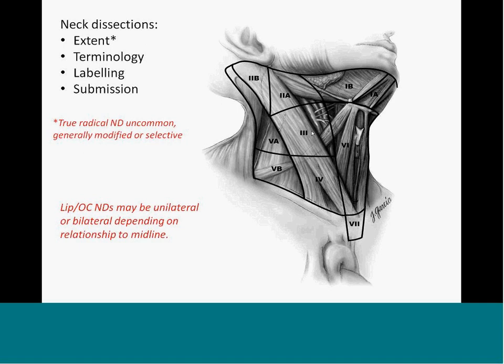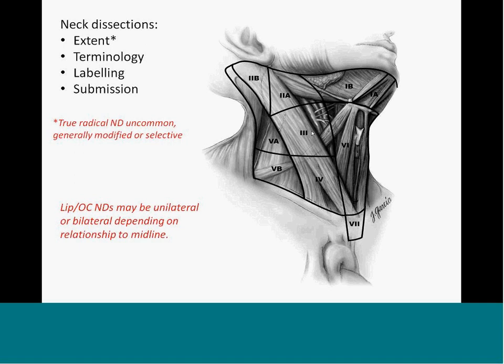It's very uncommon now to have a true radical neck dissection. So radical neck dissection includes a cervical lymph node dissection, which is levels 1 through 5, possibly level 6, submandibular gland, the tail of the parotid, the sternocleidomastoid muscle, omohyoid, internal jugular vein, and cervical plexus and spinal accessory nerves. We rarely would receive that.